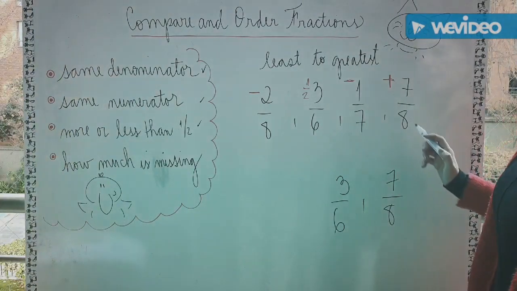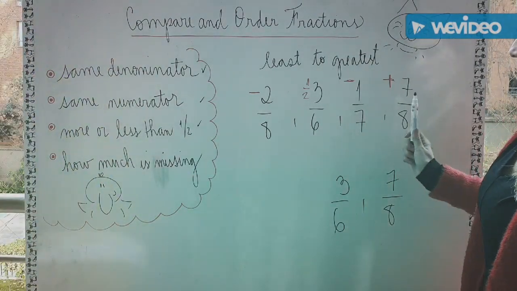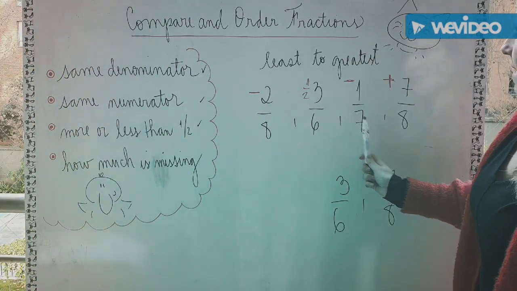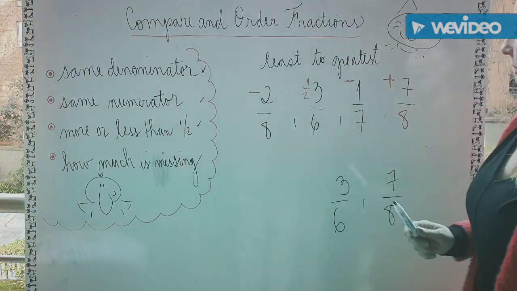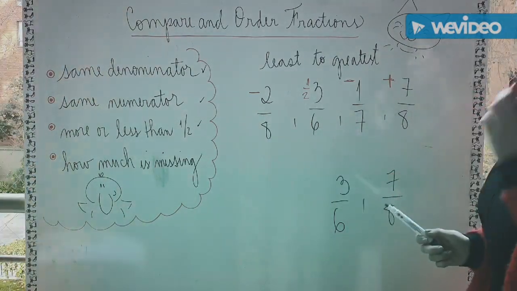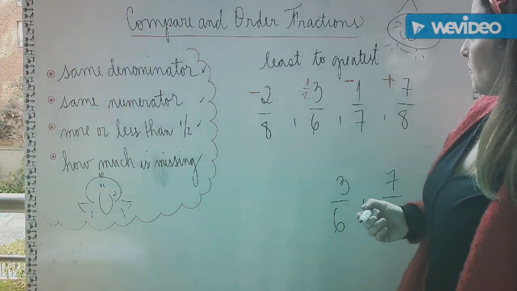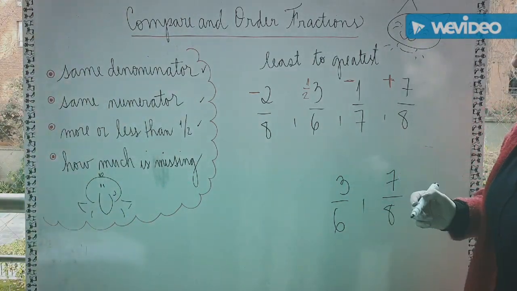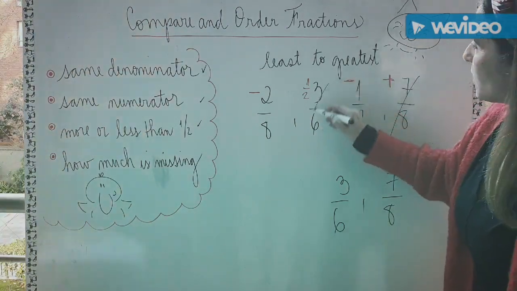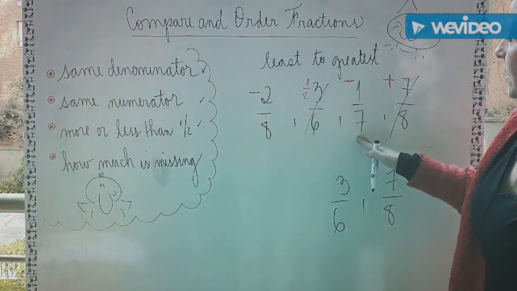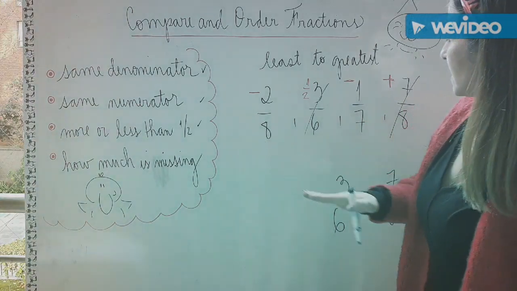And now we are missing the 1/7 and 2/8. They have different denominators, so let's see how we are going to compare them. Okay? So this one is ready, this one is ready. I only have these 2 left.